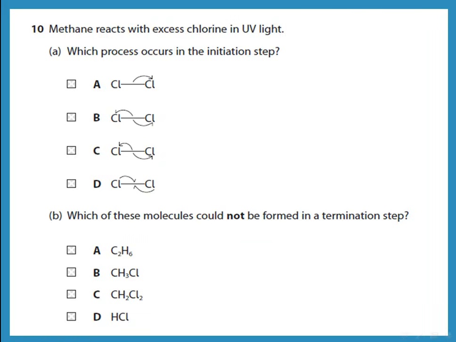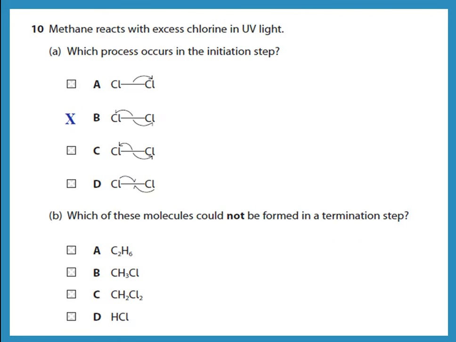Homolytic fission means that the bond between the Cl and Cl will break up. One electron will go to each atom, and that is represented by a half arrow, an arrow with half a head, not a full head. So my answer here is B. That would be the first step that happens, and that is the initiation step.